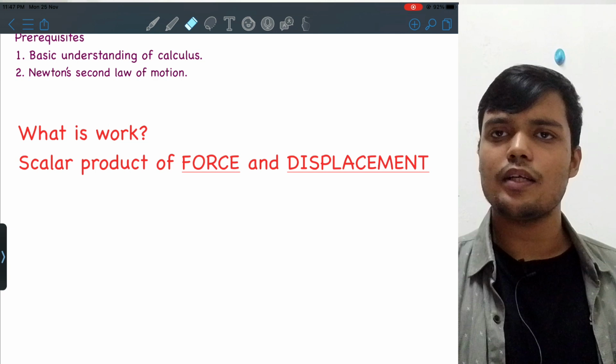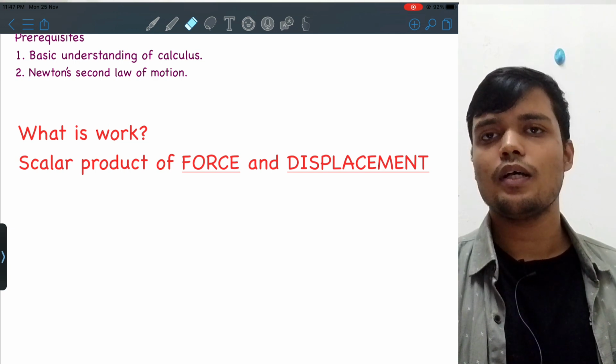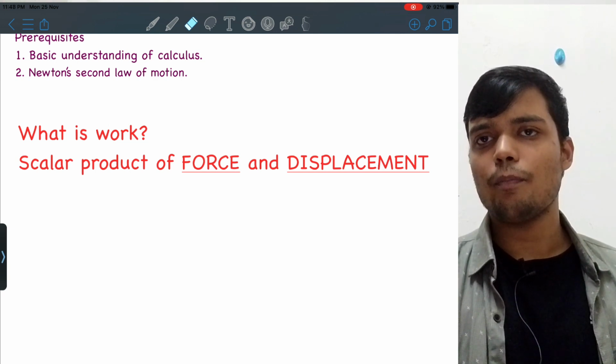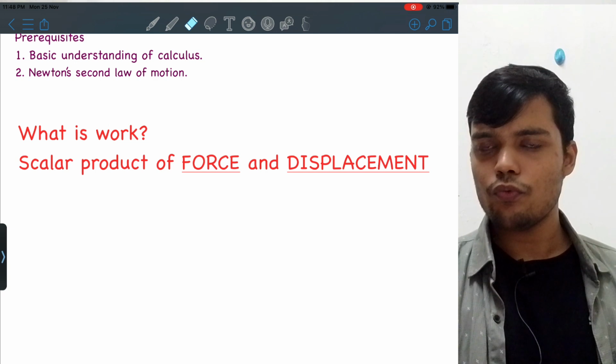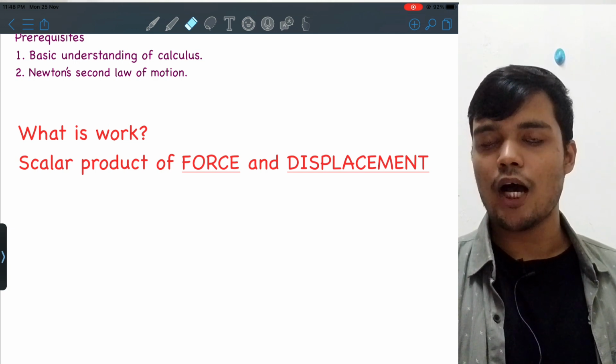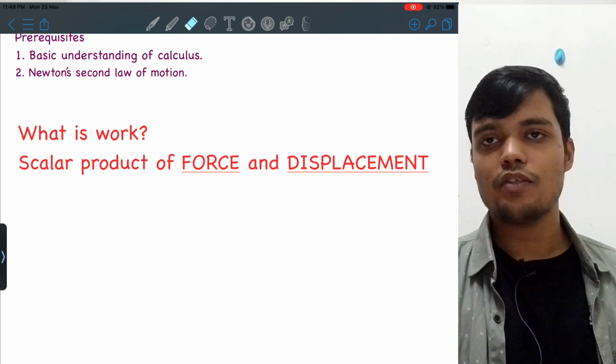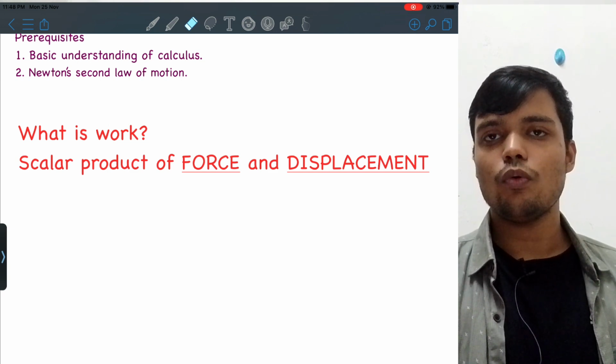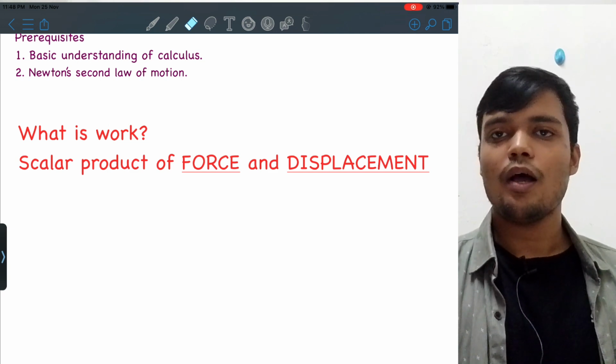Let's consider another case. You are trying to push a brick wall. Will it move? Under normal cases, it won't. So, are you doing any work? The answer is still no. So, what does it actually mean?